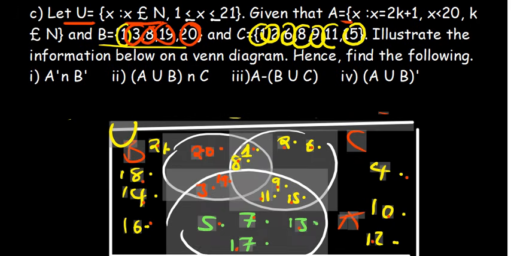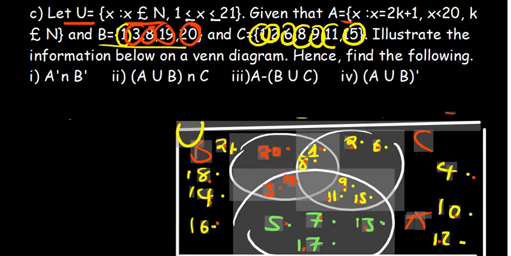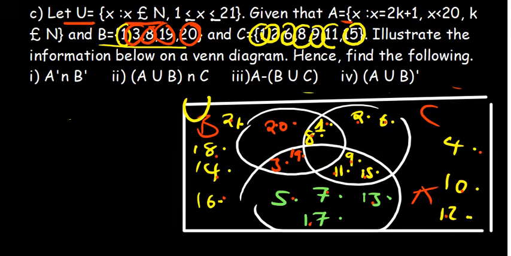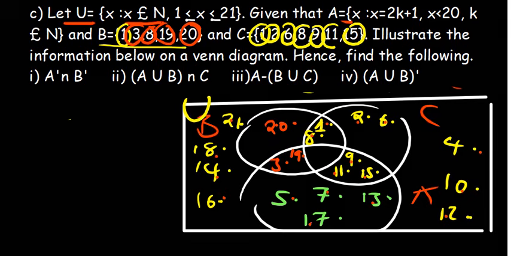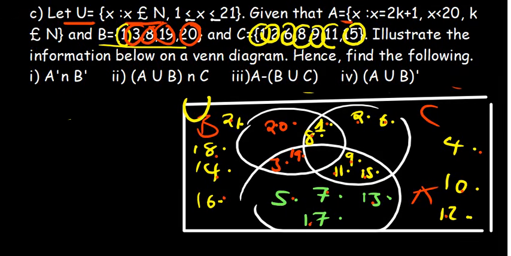Okay, much better. So we have our A, B and C on our Venn diagram there. Question 1 says A complement intersection B complement.